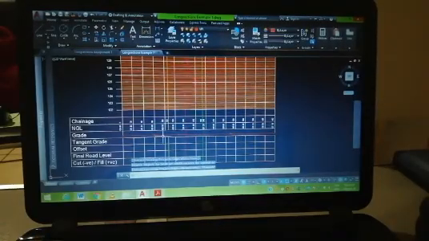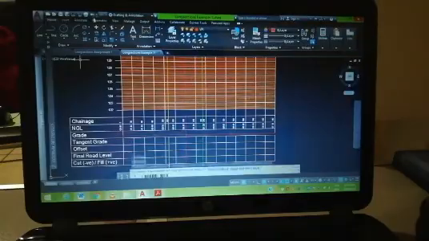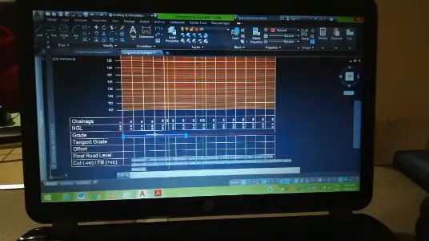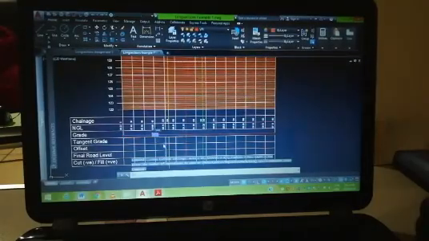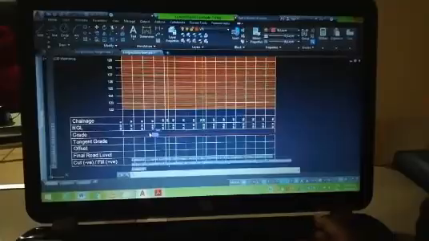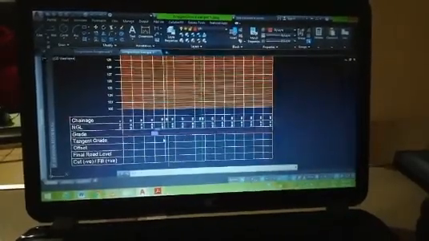Okay, then next is just editing the text on your dimensions, because you remember you took a normal dimension from point A to point B, but now you want this specific dimension to represent your calculated grade. So now you double click on that and you basically want to enter the level there.